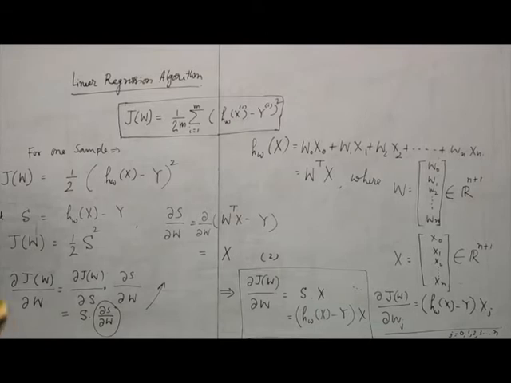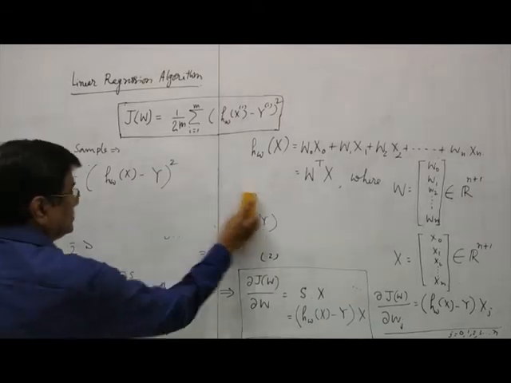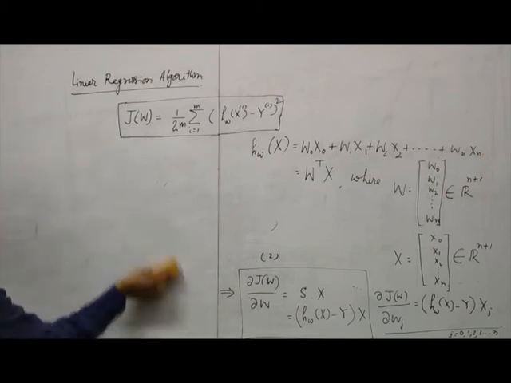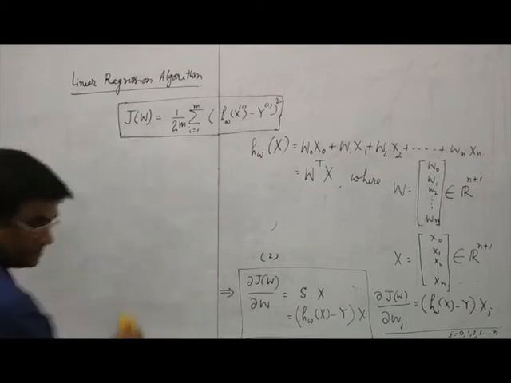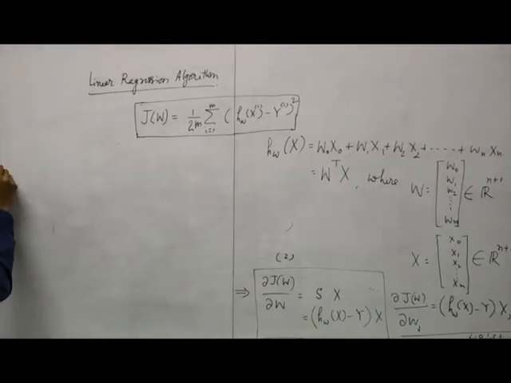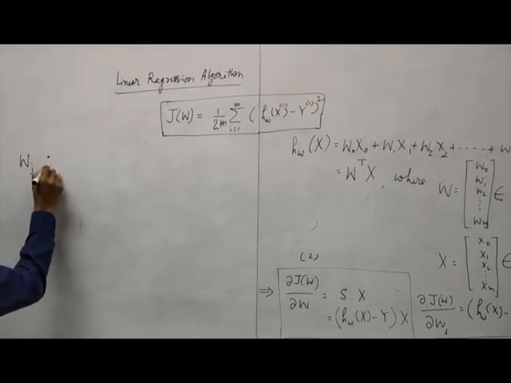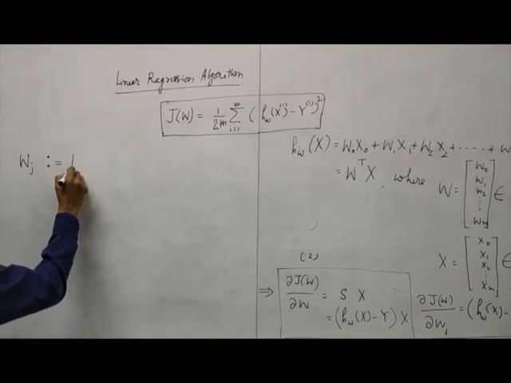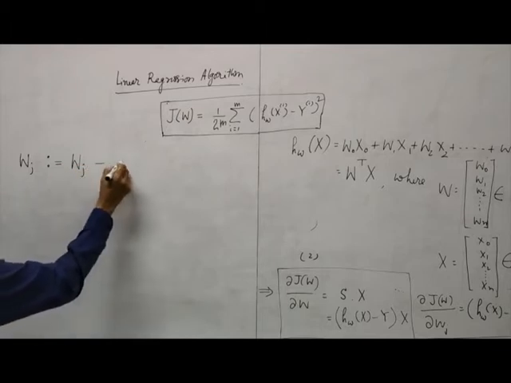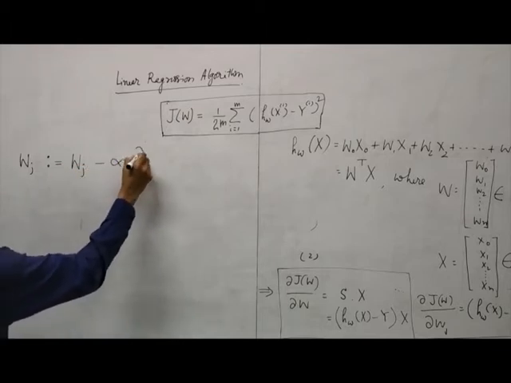Now let us try to write down the updation rule. Wj is assigned the value of Wj earlier minus alpha times the derivative.